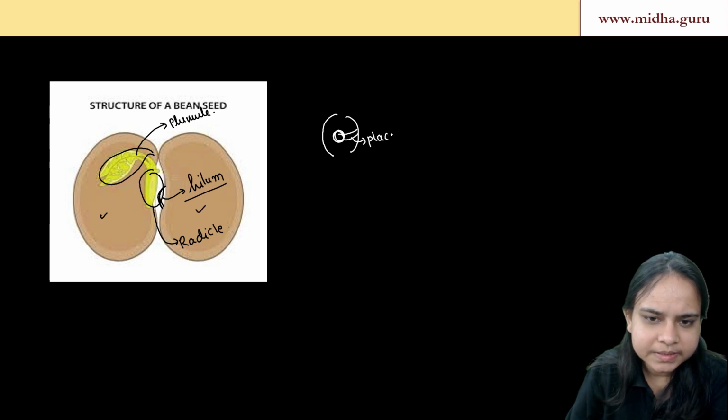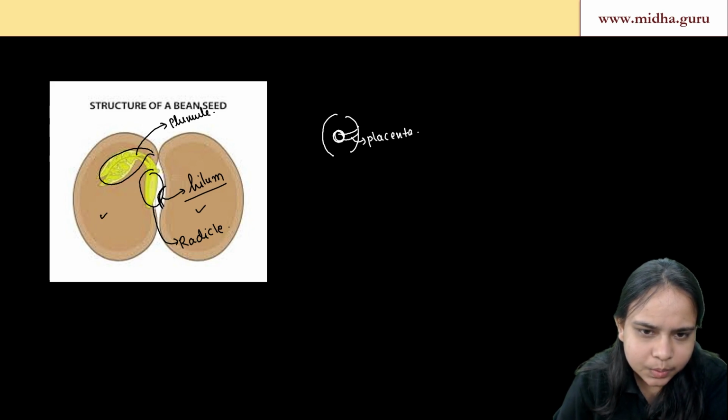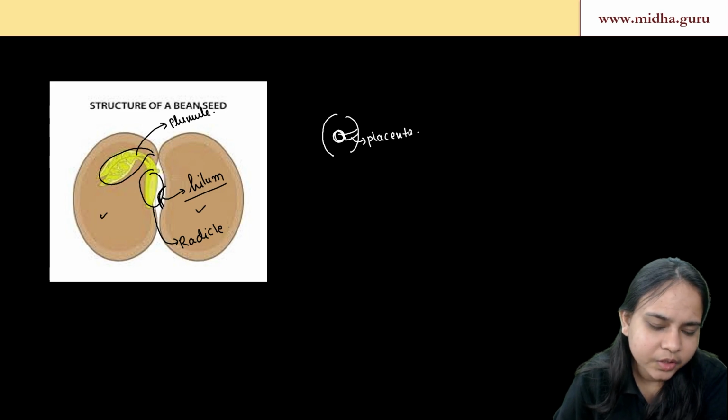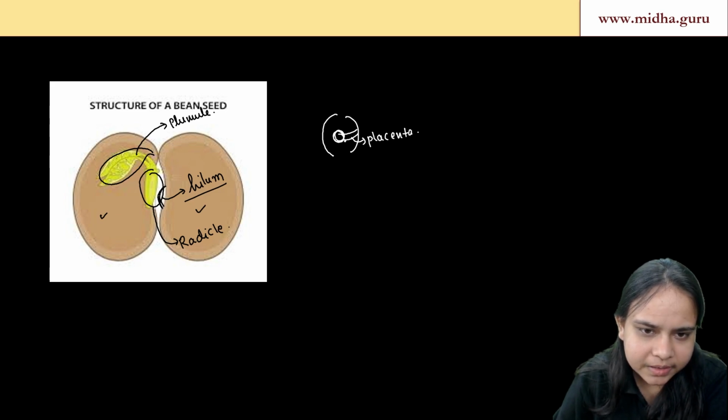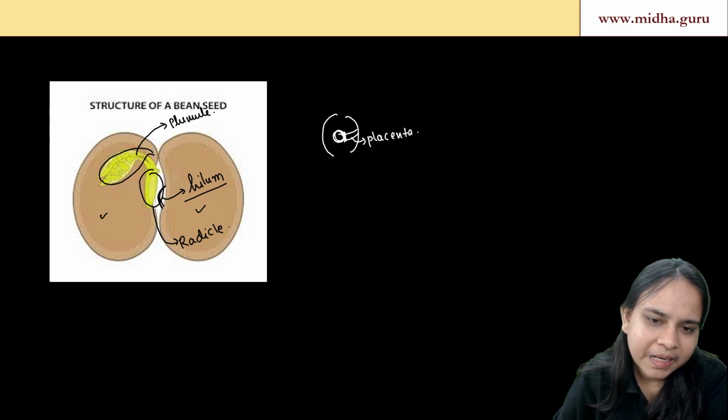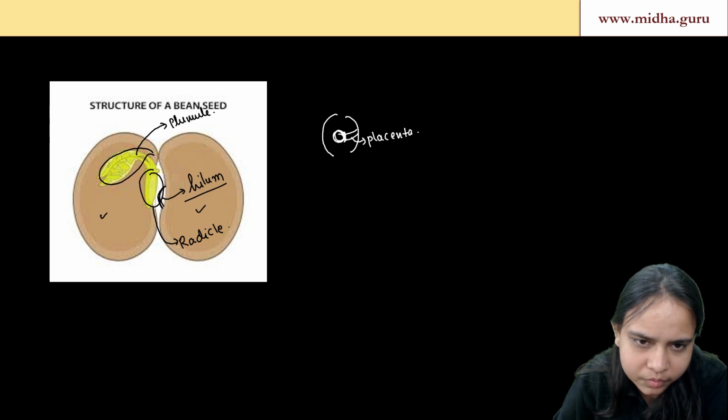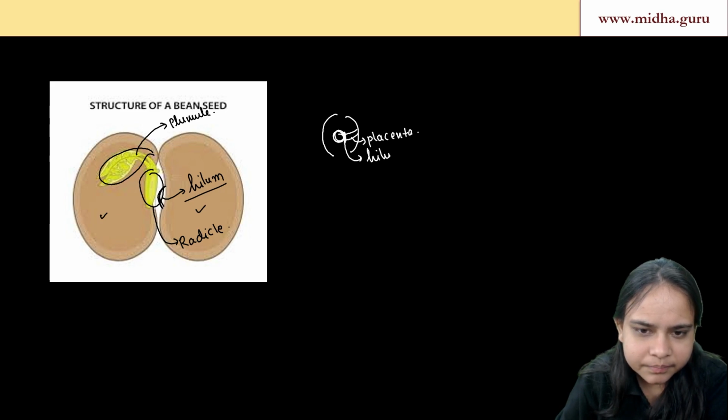This is placenta. Okay. Now, this placenta, where it is attached with the ovary and the ovule, this is the mark actually. This is the mark. This mark where placenta gets connected to the ovule with the ovary, this mark is termed as hilum.